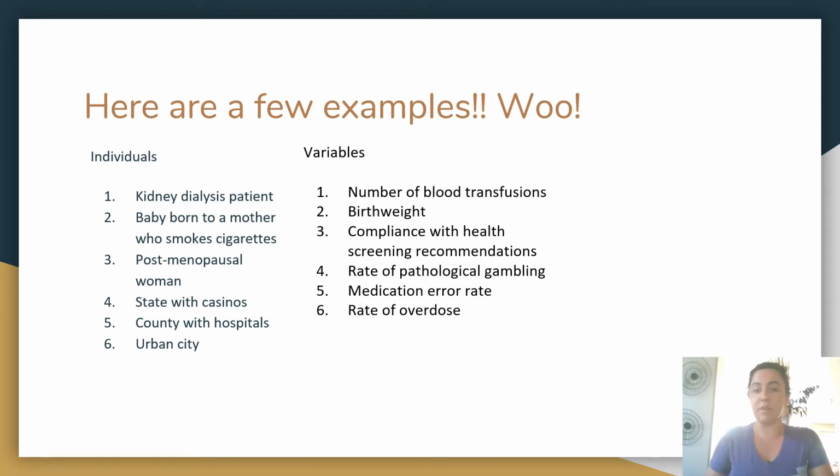Something you could be measuring with individuals like that might be birth weight. Number 3, postmenopausal women. Something you could be measuring or observing might be compliance with health screening recommendations. So these are different things you could be measuring or observing in the variables column, and the individuals column is the focal point, the unit that you're observing.